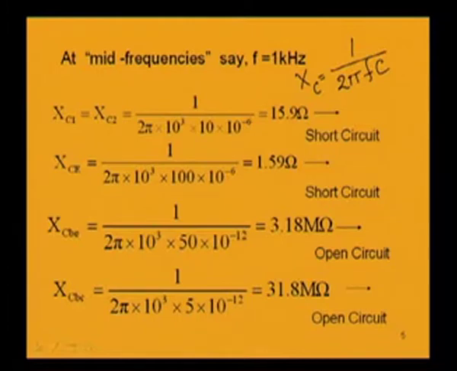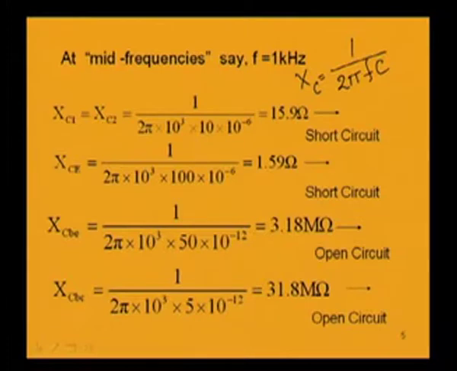Now what about the transistor capacitances which are present? What reactances are they offering? Let us calculate that. 1 by 2 pi into f, 10 to the power 3 hertz, and the value of this diffusion capacitance is 50 picofarad. Picofarad means 10 to the power minus 12 farad, so it is an even smaller value in the denominator.